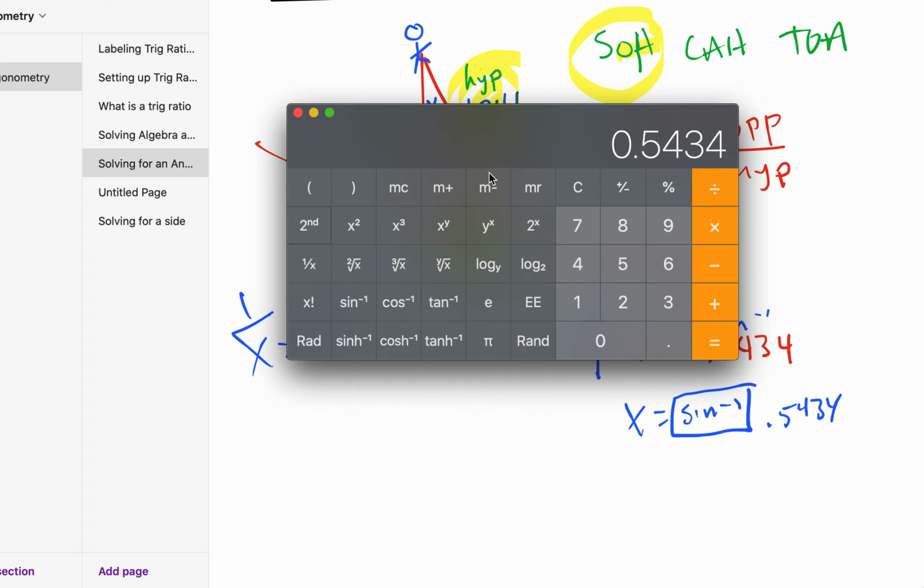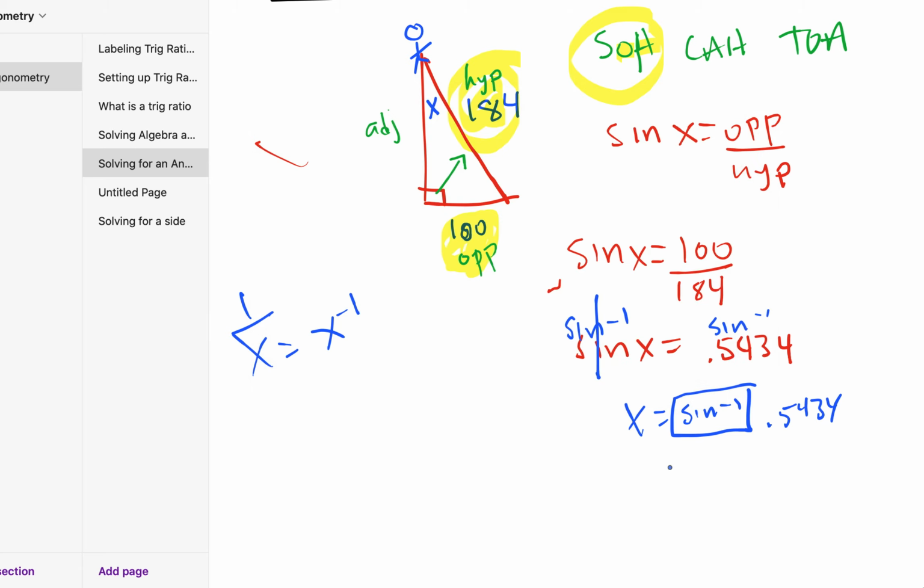That's what we're using. In other math and Algebra 2, you learn about the unit circle. You'll use radians instead. So we enter the number 0.5434. We push the second button and sine. So 32.9 degrees. 32.9 degrees, if we round it to the nearest whole degree, would be a 33-degree angle.